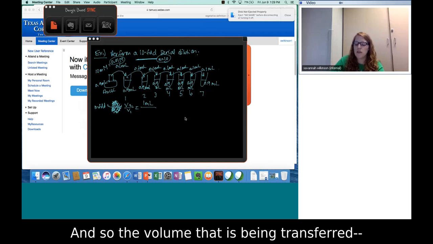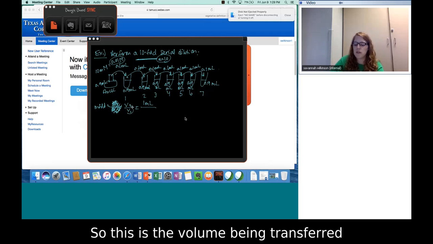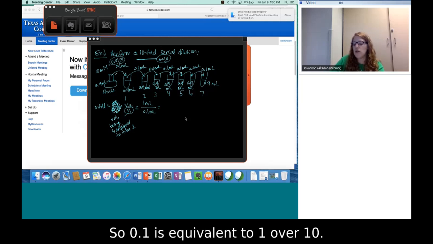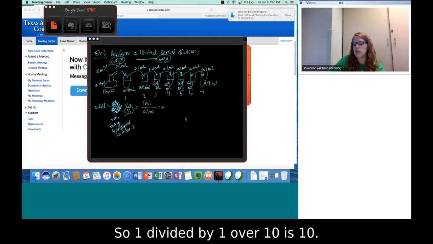And so the volume that's being transferred to tube 1 is 0.1 milliliters. So 0.1 is equivalent to 1 over 10, so 1 divided by 1 over 10 is 10.